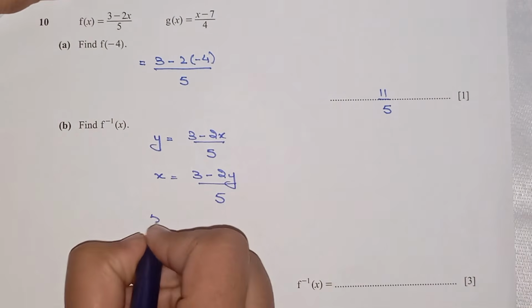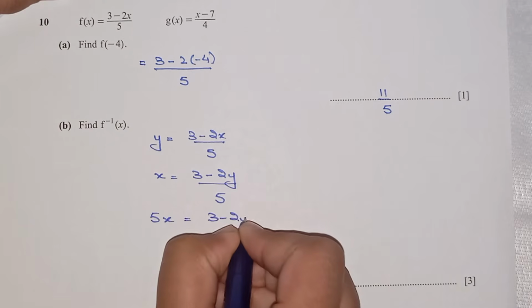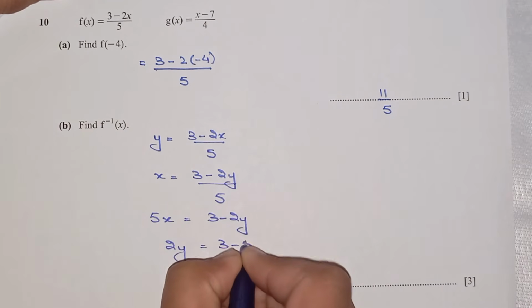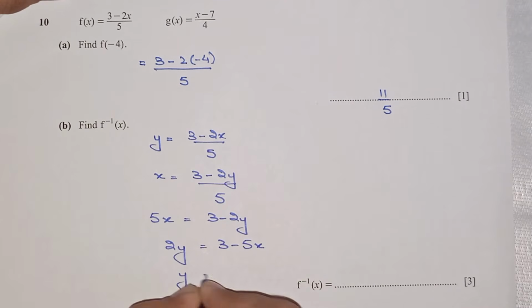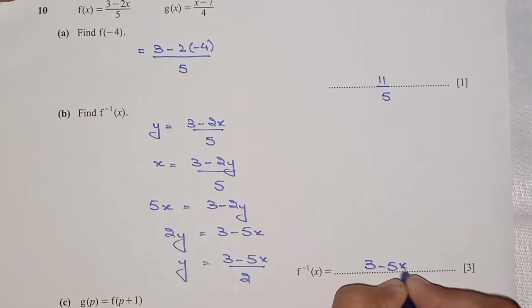So we have 5x equal to 3 minus 2y. So 2y would be equal to 3 minus 5x, and y would be equal to 3 minus 5x divided by 2. So this y is representing f inverse of x. 3 minus 5x divided by 2.